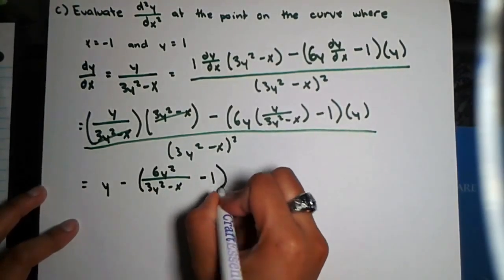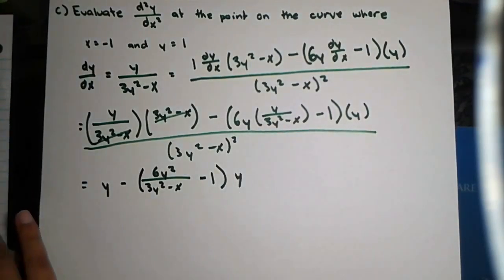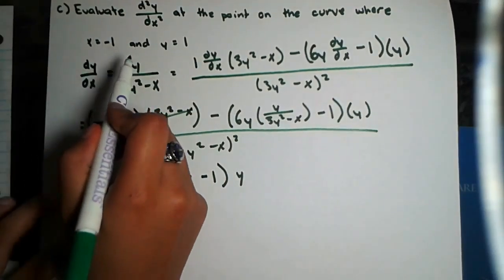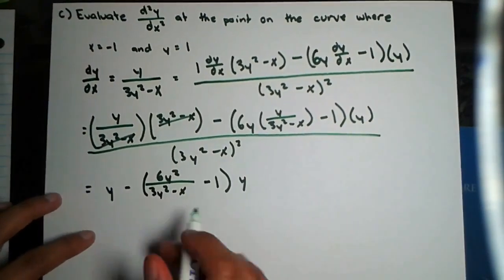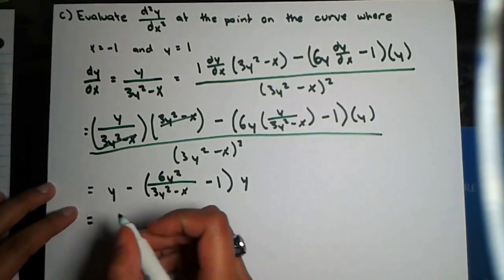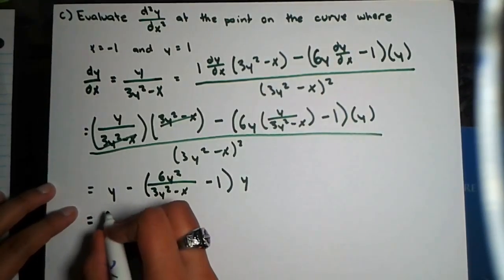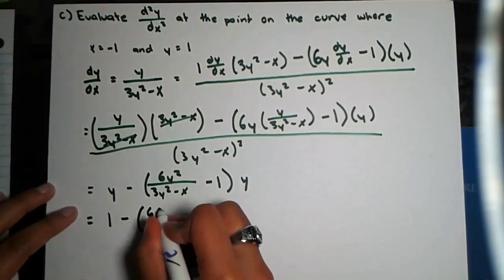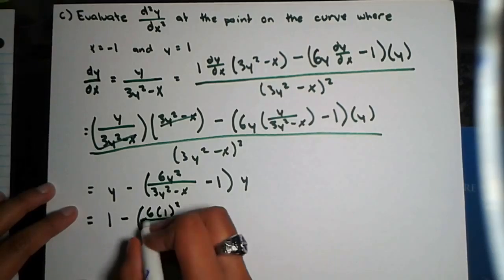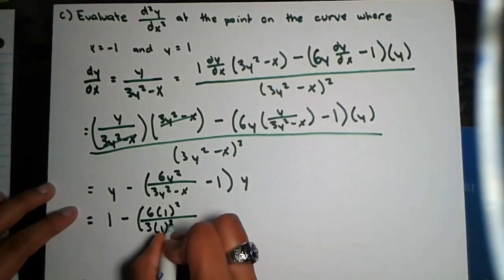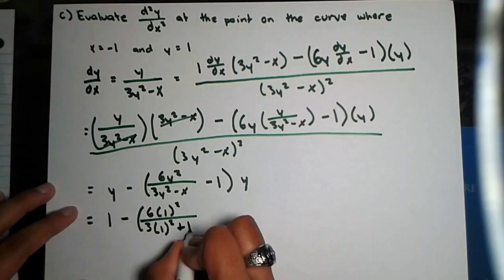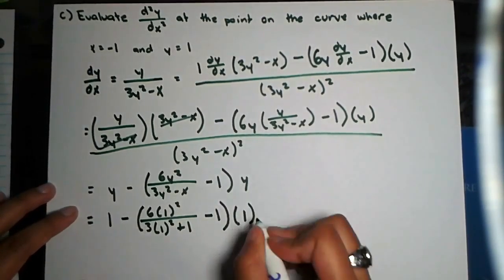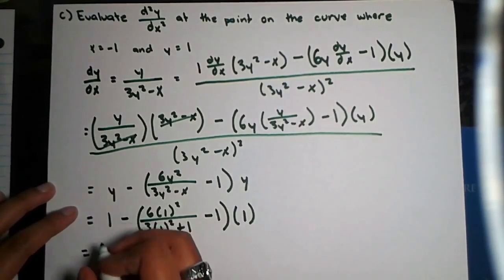And then at this point, you can just plug in the x and the y that they give you. And the x that they gave you is negative 1, and the y they gave you is 1. So let's just plug those in. So 1 minus 6 times 1 squared over 3 times 1 squared minus negative 1, so that's plus 1, minus 1 times 1. And you just solve that, simplify.